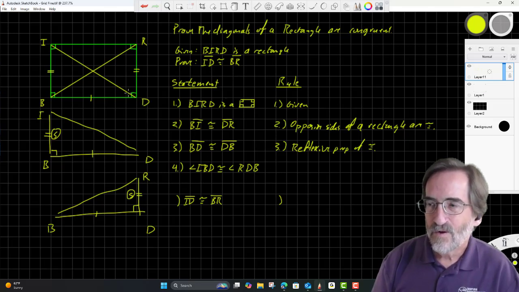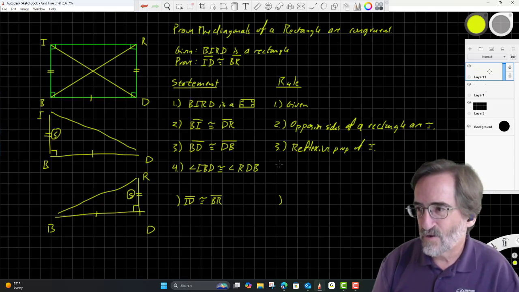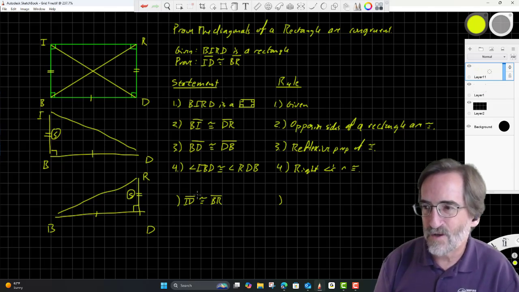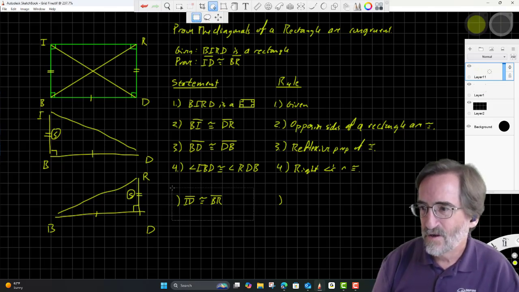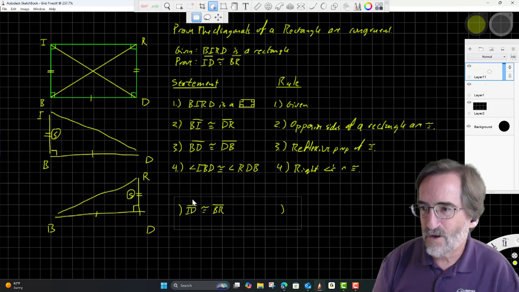Well, we know that they're right angles, and right angles are congruent. There's a rule that says that. Right angles are congruent. Okay, looks like I need to add a little bit more space here. Luckily, I'm on a computer program that allows me to do that.